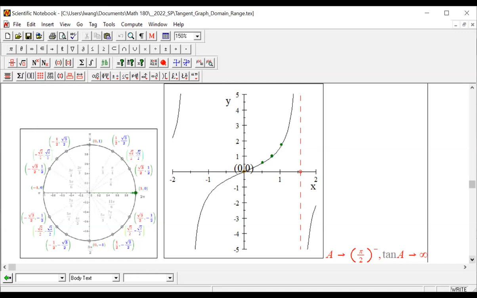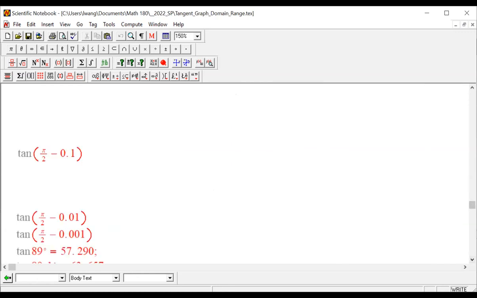And of course, 3 pi over 2, which shares the same terminal side, cannot be in the domain too. So there will be a lot of angles that terminate on the y-axis. None of those angles can be in the domain, right? So what are those angles? What are those arc lengths, radians, right?